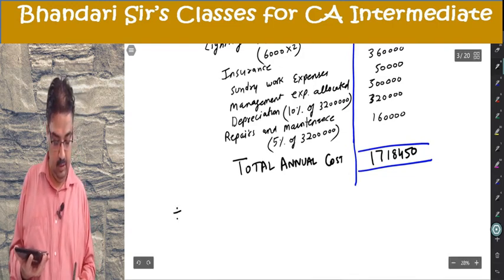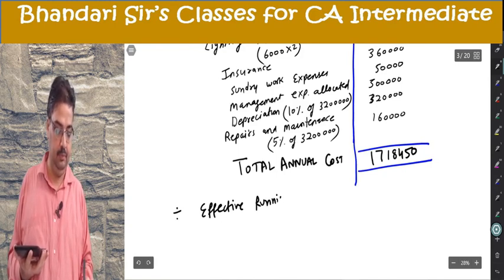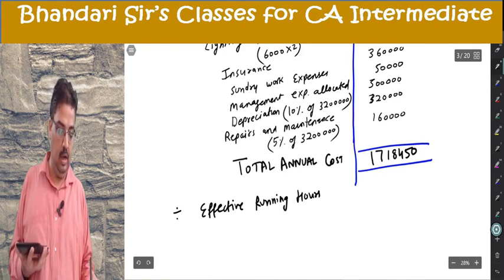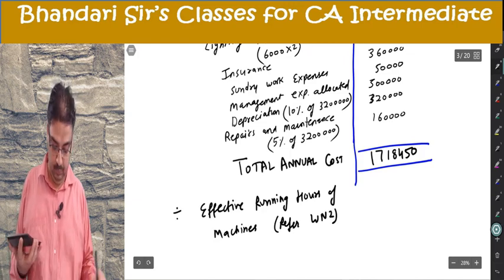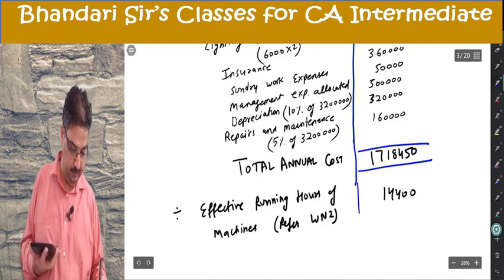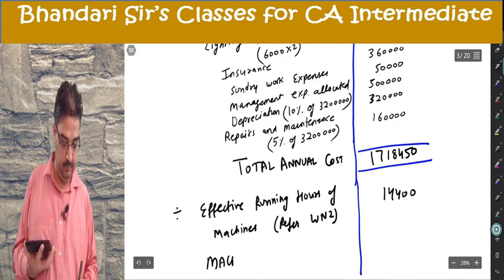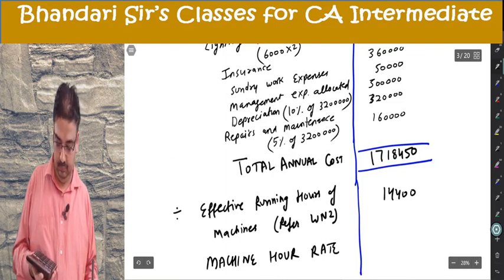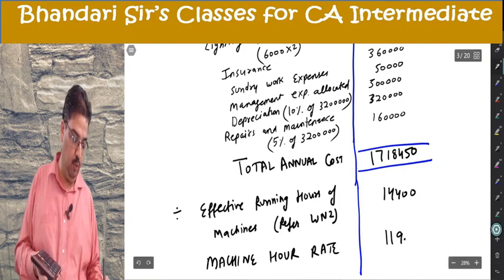Divide by effective running hours of machines. Refer WN2. We computed there 14,400. What I am getting is machine hour rate, $119.34 approximately.